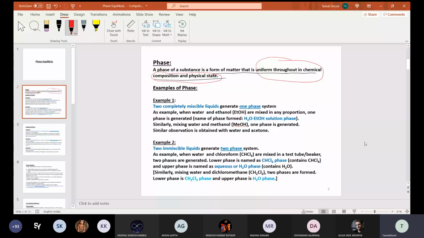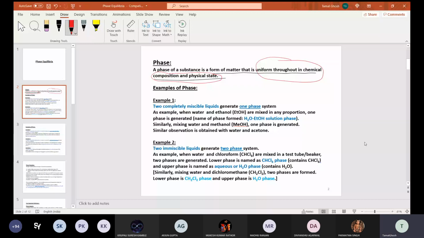In any proportion, they will mix thoroughly. If you shake it vigorously, you'll see that they are miscible with each other and mix completely.